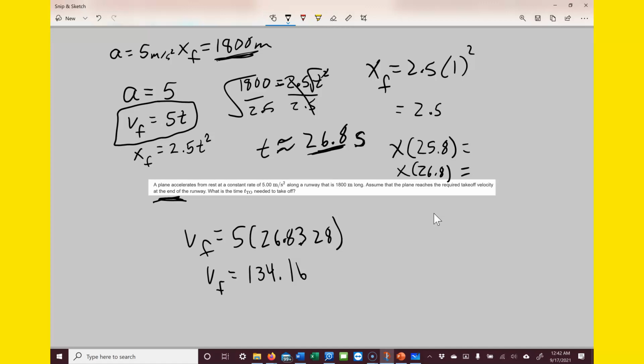So just doing a little calculator work here, 2.5 times 25.8 squared and 2.5 times 26.8 squared. 2.5 times 25.8 squared is 1664.1.